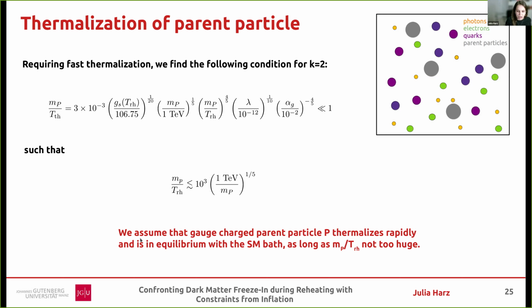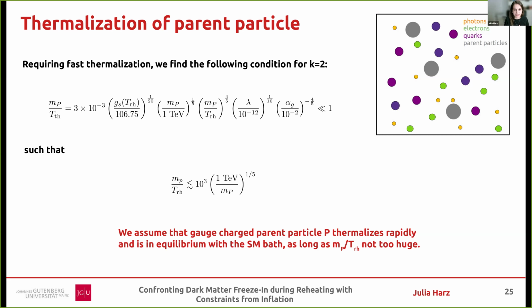So basically, as long as this ratio is not too huge, this assumption is a good assumption. This is just in the following, in case people wonder. So here we assume the parent particle is quickly thermalized under the assumption that we cannot have too large hierarchies of the parent particle mass and the reheating temperature.